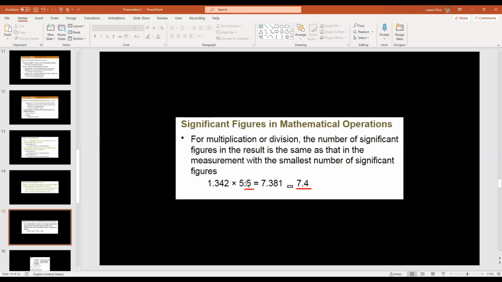You multiply both numbers, your calculator will reflect this number. But you cannot report that number, or you will lose points. You have to report only 2 digits, corresponding with the factor with least significant figures.